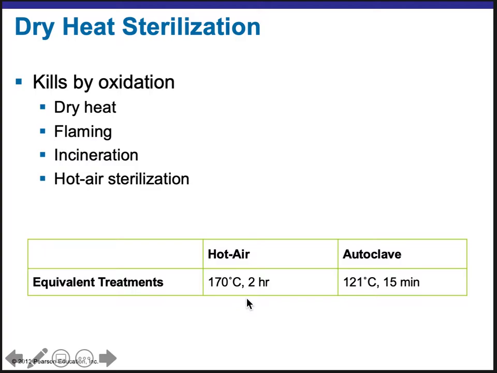A lot of times when we're cooking something in our oven, we're usually going to like 350 Fahrenheit. So actually, we should check that. What's the conversion between 170 Celsius and what is that in Fahrenheit?